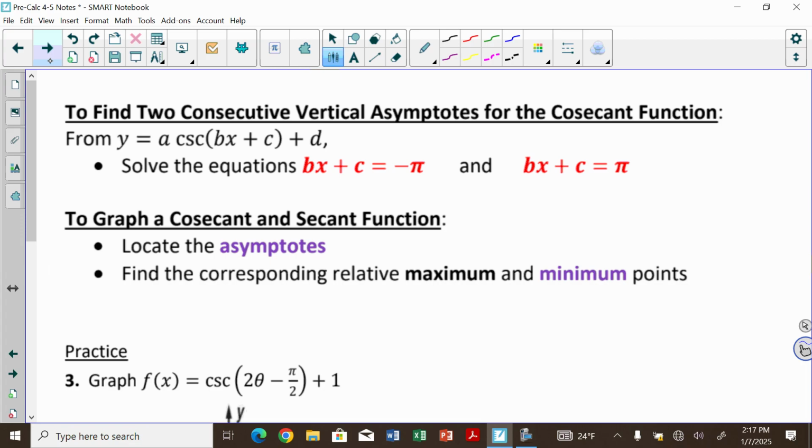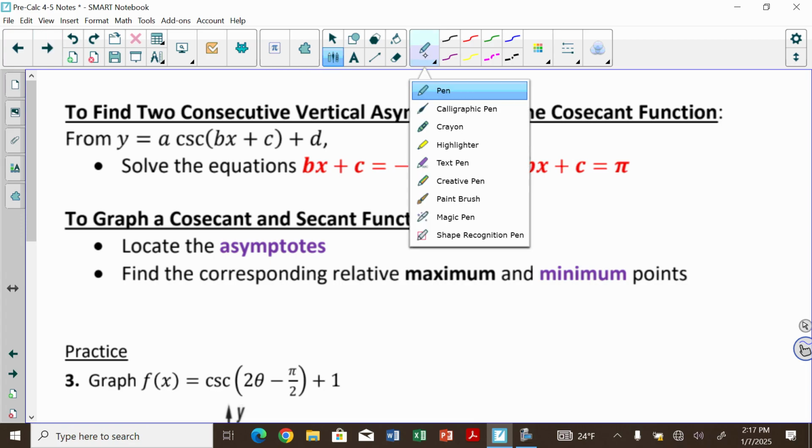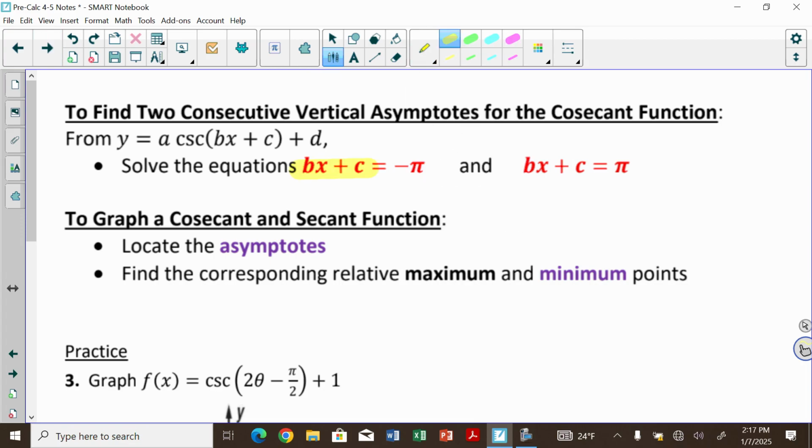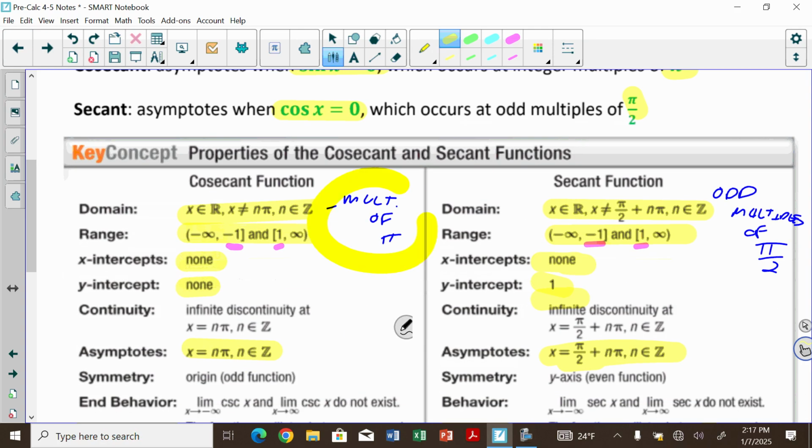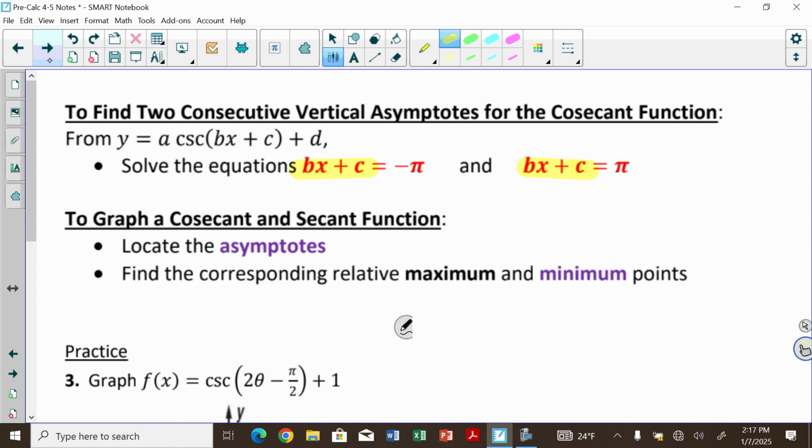Whereas in cosecant, it's the same equation, bx plus c, but because we talked about multiples of pi, we can set it equal to negative pi and positive pi to find our vertical asymptotes for cosecant.